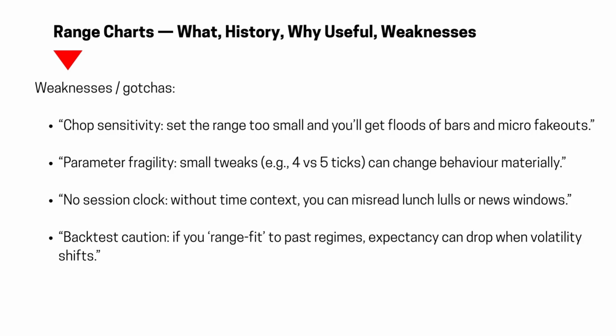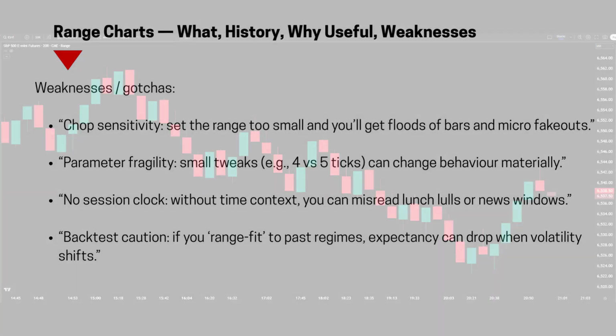Although, as you saw in the TradingView window, most charting packages have sort of accidentally added time to this chart type, as they have with Renko, Kagi and line break as well. Also, backtest caution: if you fit the range to past regimes, expectancy can drop when volatility shifts.